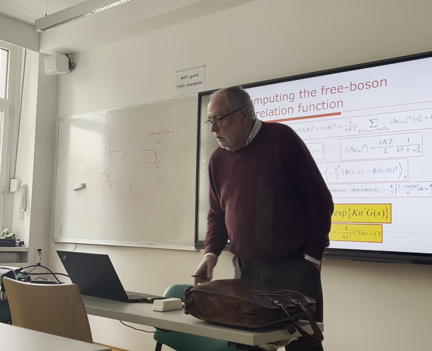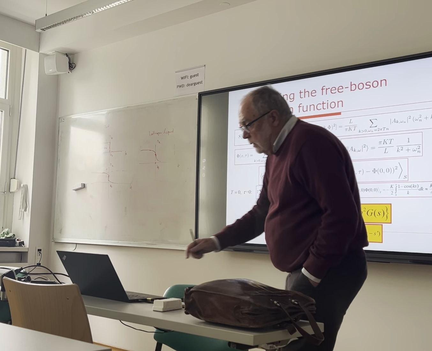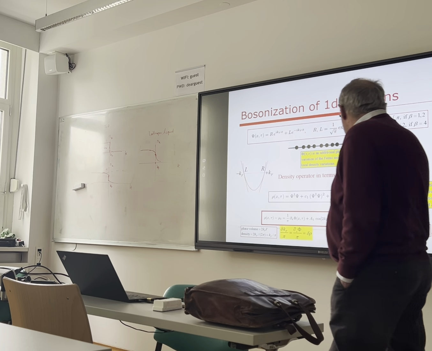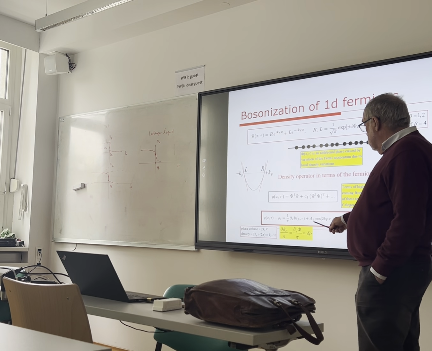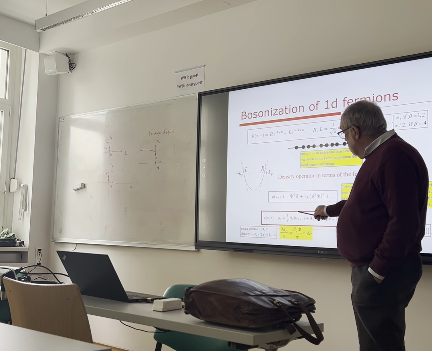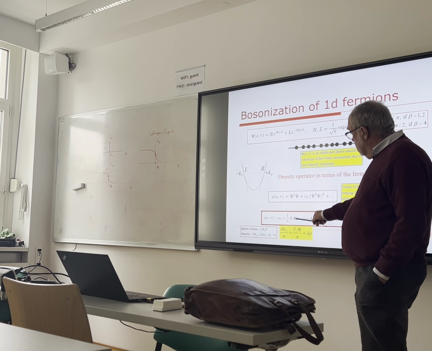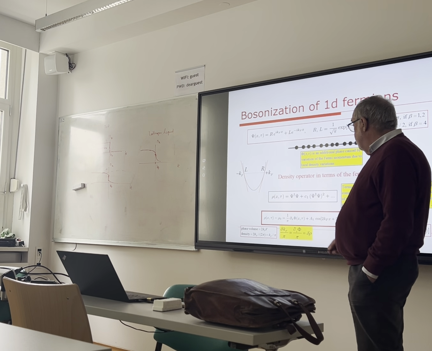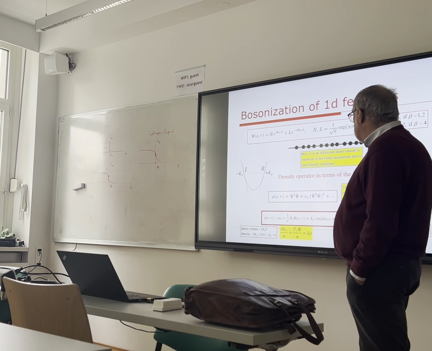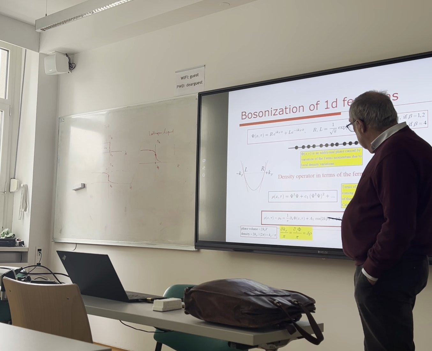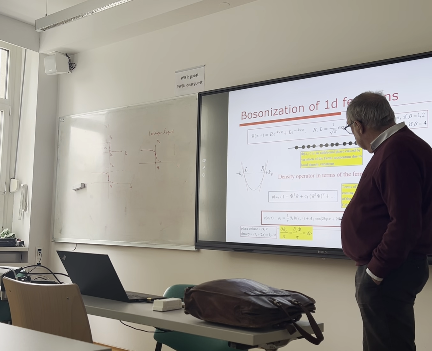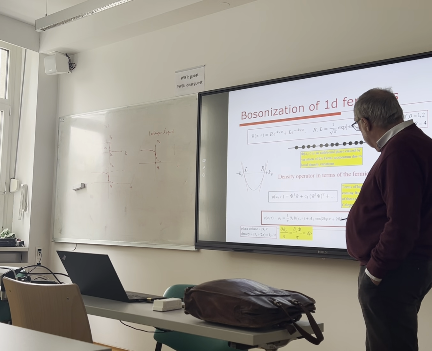And what will happen when I do so? I will have the correlation function of gradient phi times gradient phi. This is one correlation function that appears, and the other one is the correlation function of cosine with additional phase.